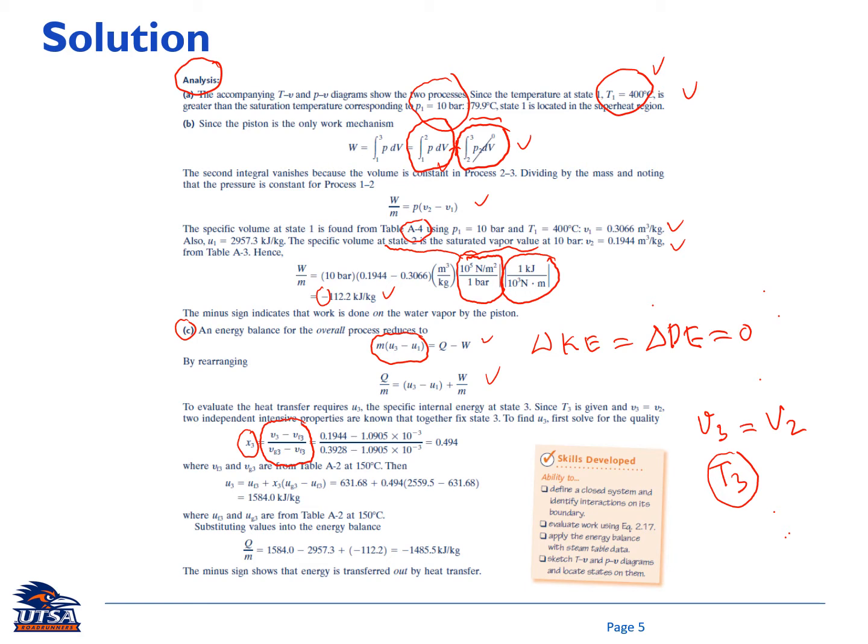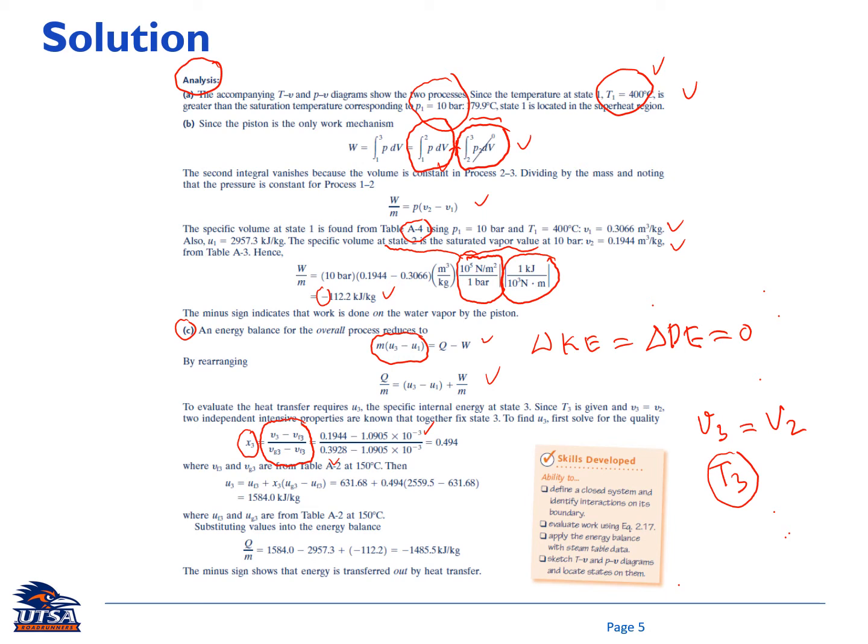Here you use table A2 because it is saturated properties based on the given temperature. Go to table A2 and at temperature 150 check what the Vf and Vg are, and you will have these numbers.